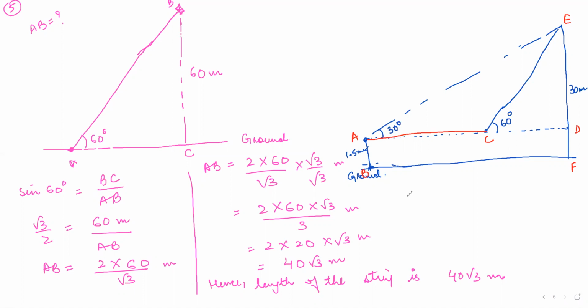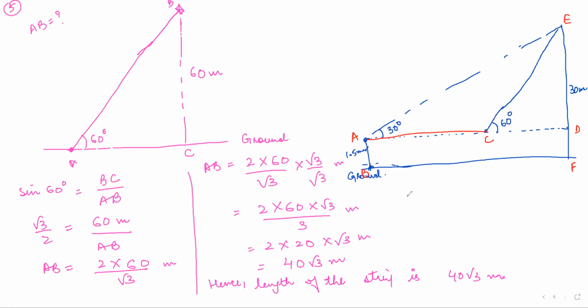I cannot take AEC because to apply trigonometry, I need a right angled triangle. If I'm taking the 30 degree angle, I have to take the triangle AED. See in the figure, AED. And if I'm taking the 60 degree angle, I'll take the triangle CED.